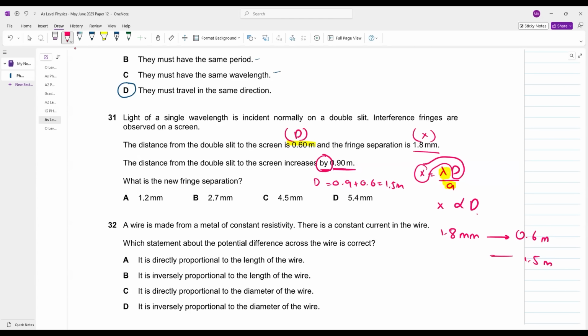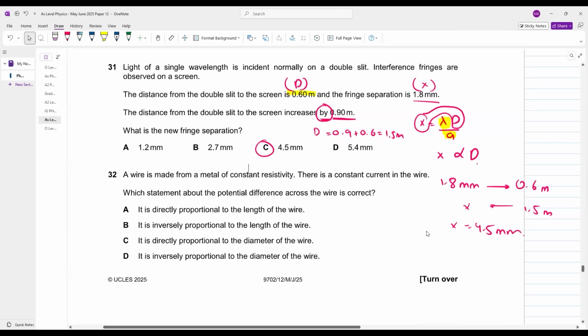At 1.5 meters, what will be the value of x? Calculate by cross multiplying: 1.5 into 1.8 divided by 0.6. The value of x will come out to be 4.5 millimeter. C is your answer. Simple as that. Nothing complicated here. For those of you who are a little weak at maths, let me do it for you guys.